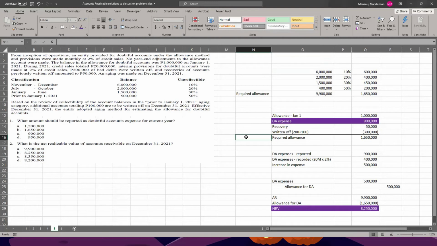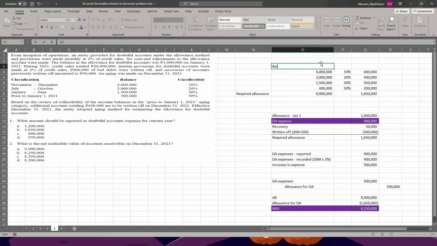Okay, so first, let's calculate the required allowance. Since we're going to base it on aging, the required allowance would be based on aging of AR. So you have first 6 million multiplied by 10%.